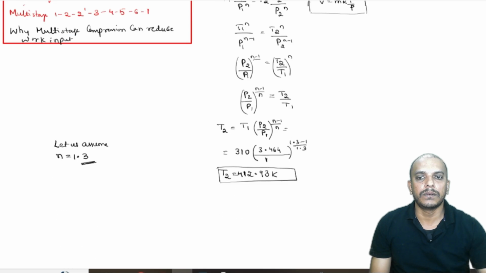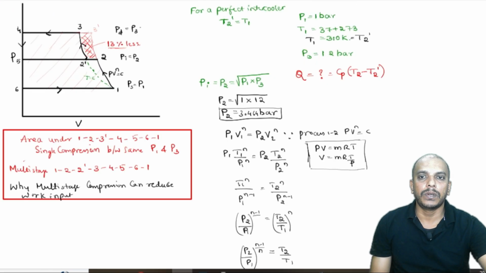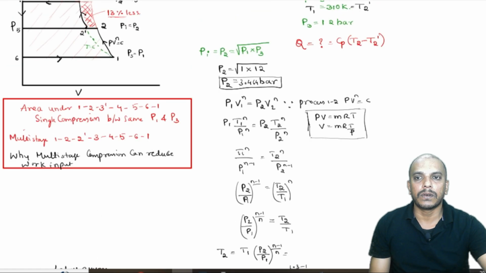Now, once we have found the value of T2, I think we can go back and find out the Q value, because Q is equal to m Cp (T2 minus T2 dash). Now, Cp for air is also known to us. Cp for air is 1.005 kilojoule per kg Kelvin. Now, Q is equal to Cp into (T2 minus T2 dash), that is 412.93 minus, now what was our T2 dash?